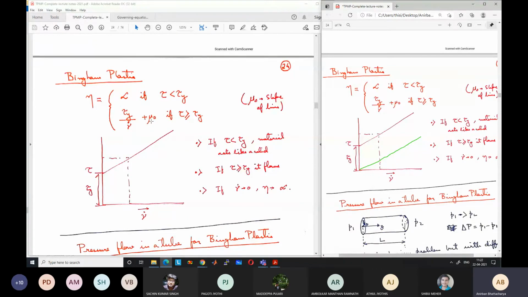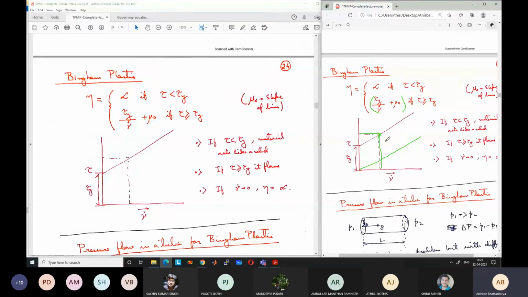So basically at any point like this, say we have a certain amount of nu dot. The stress here will be this term multiplied by nu dot, so tau y by nu dot into nu dot.